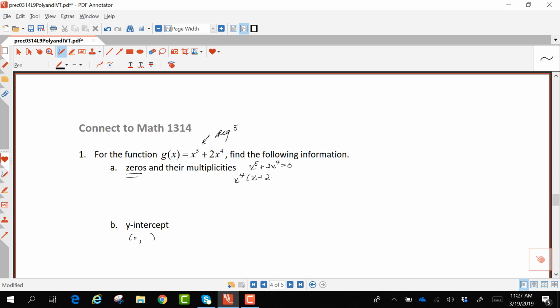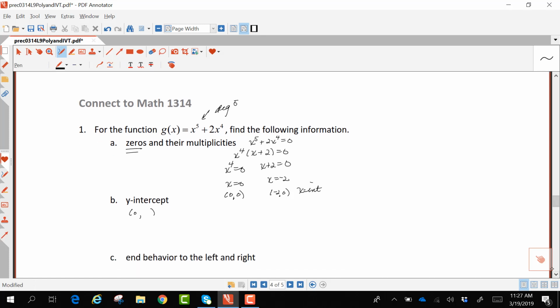This polynomial has a factor of x to the 4th. Once it is factored, I set each of the factors equal to 0 and solve for my zeros of my polynomial. These zeros are also known as x-intercepts.